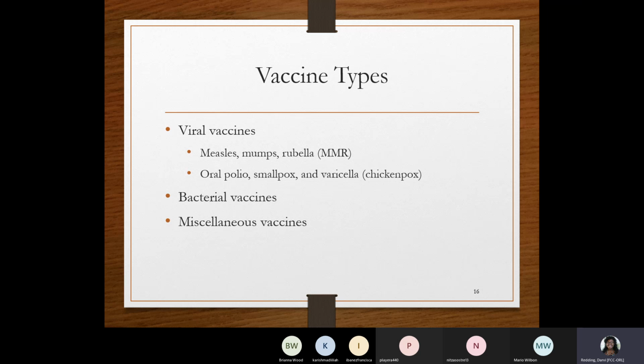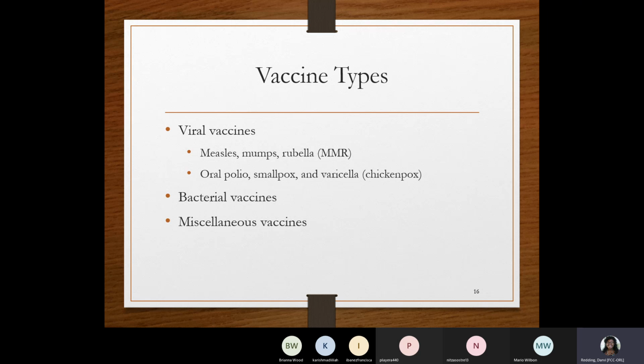And so some examples of the vaccines that are miscellaneous: you even have an HPV vaccine, which helps treat the human papilloma virus.